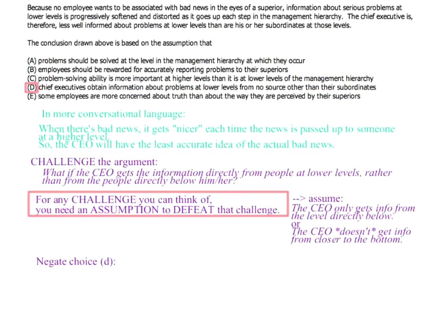So executives do sometimes obtain info from sources other than direct subordinates. If you have this, again, the argument is destroyed, because the argument fundamentally relies on the idea that that doesn't happen.